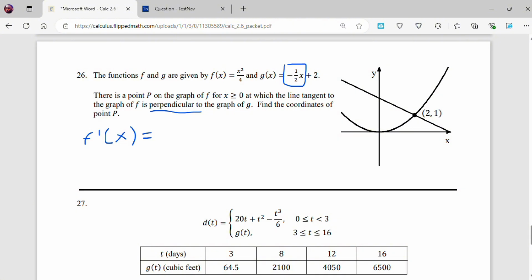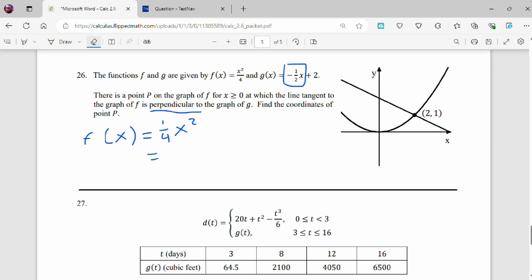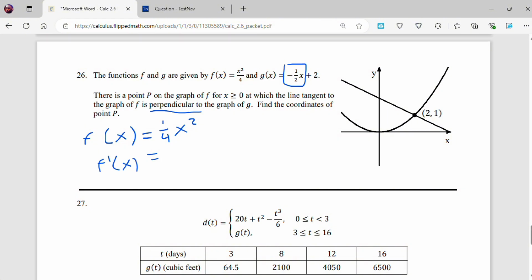Power rule. Or, well, let me just do this since there's some space. 2 comes to the front, so that just makes it 1/2 x.